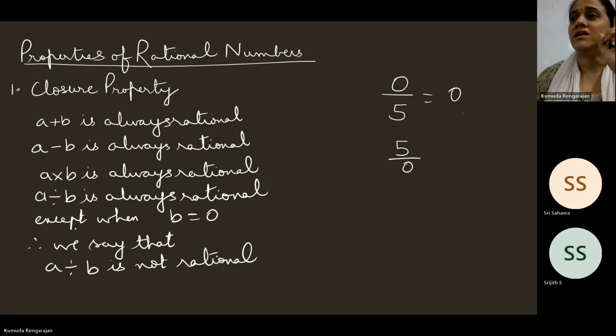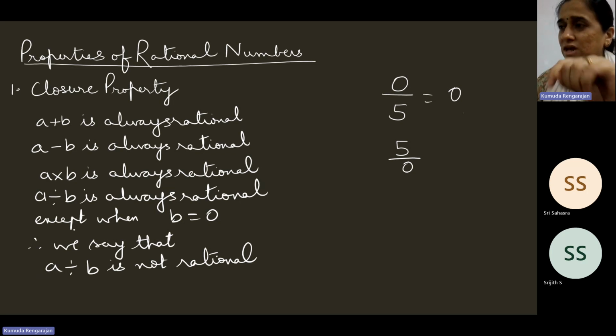I repeat, rational numbers are closed under addition, subtraction, multiplication, but not under division.